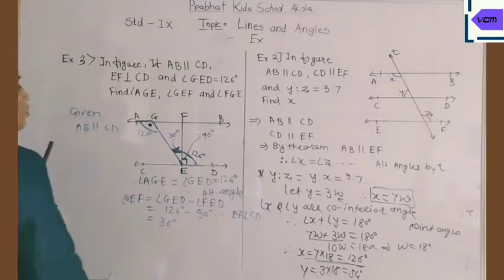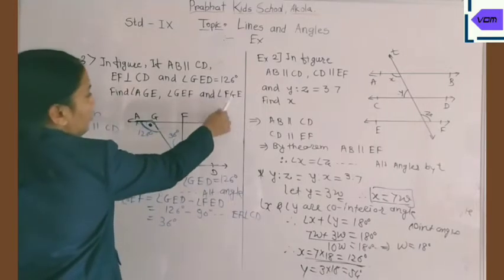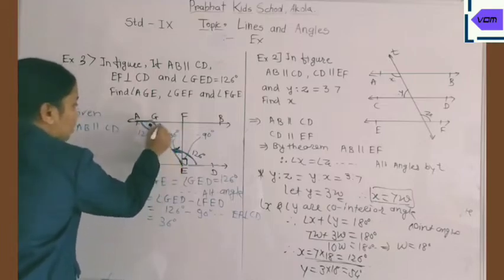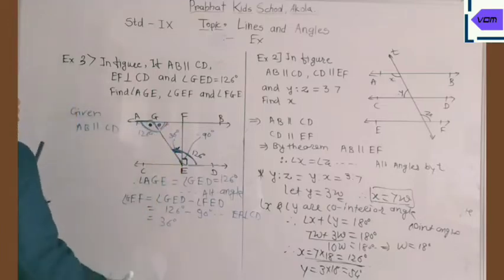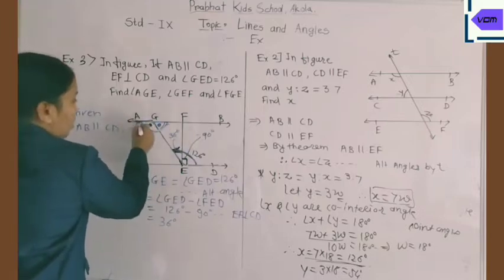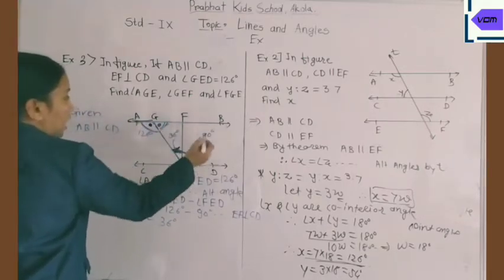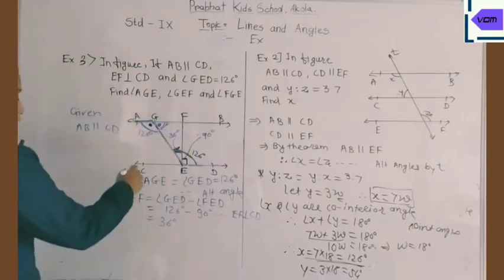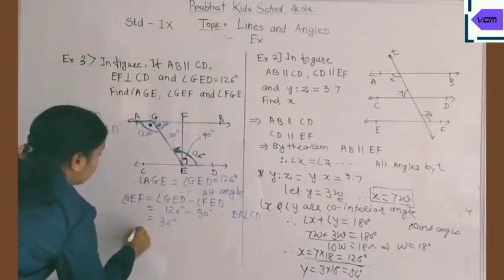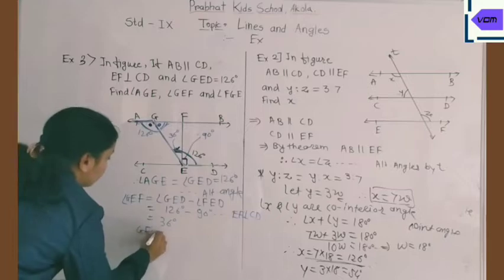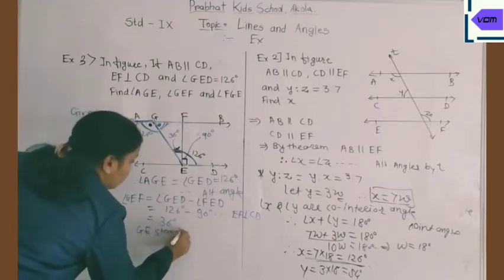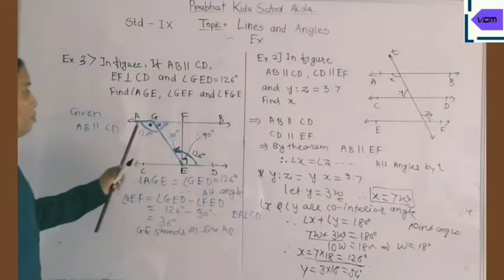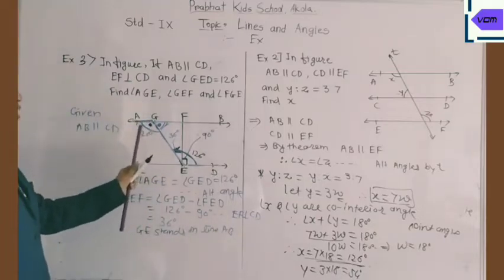Now what remains to find? Angle FGE. FGE means you have to find this one angle. Now if you observe, AB is a line and GE is the ray that stands on the line AB, so they form a linear pair.